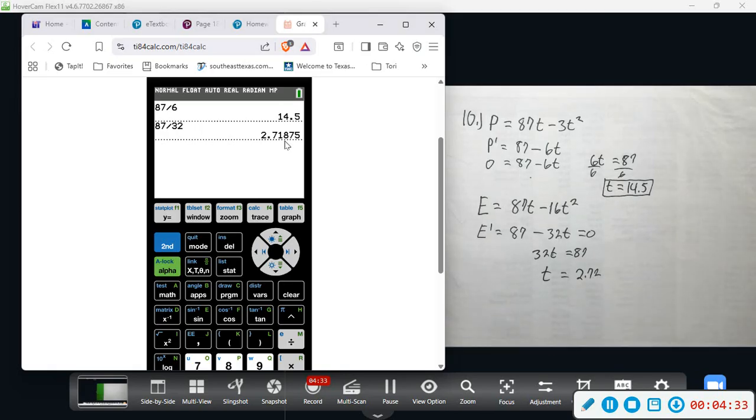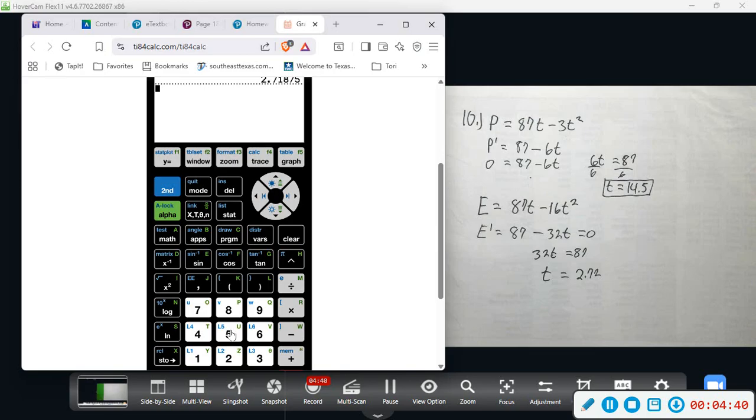All right, I'm going to plug these values in. We'll just let the calculator do the heavy lifting. So I'm going to do 87 times 14.5, and then minus the 3 times 14.5 squared.